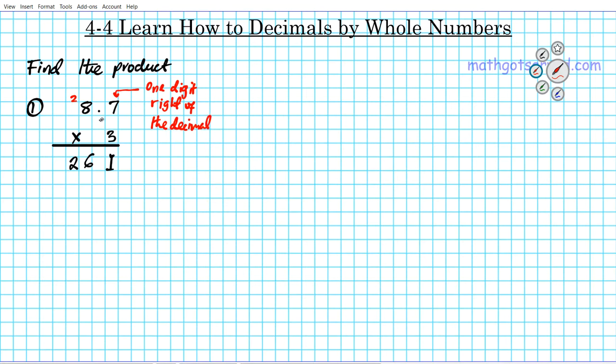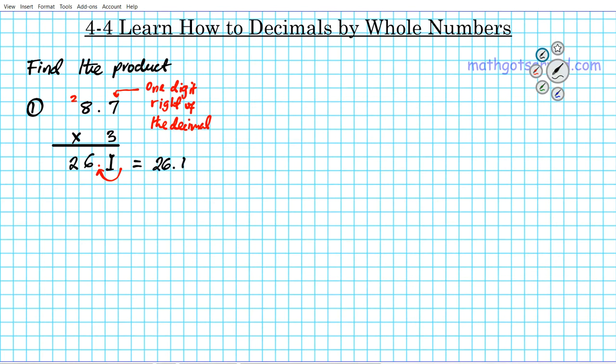Since you have 1 digit to the right of the decimal, we're going to place our decimal point 1 place to the left. So it's going to start from here and we're going to move it right here. Bam. So our product is going to be 26.1. That's the answer.